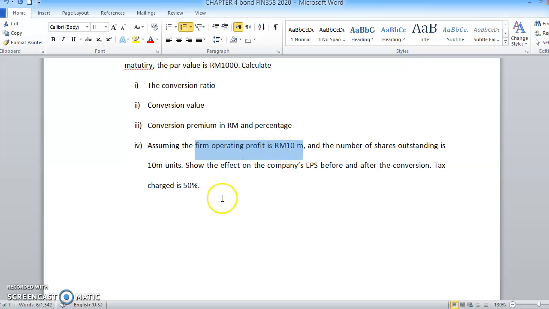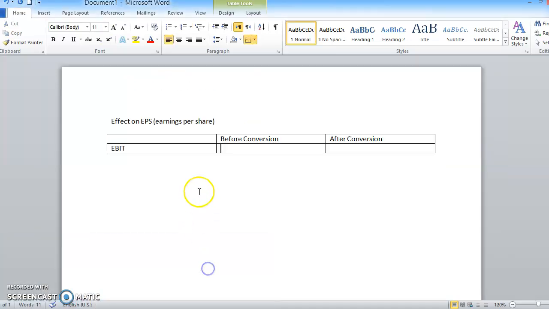So it's equal to 10 million. So we key in over here RM10 million. Right? So after the conversion, it is still the same. After the conversion, the EBIT will not change. Still the same EBIT of RM10 million.